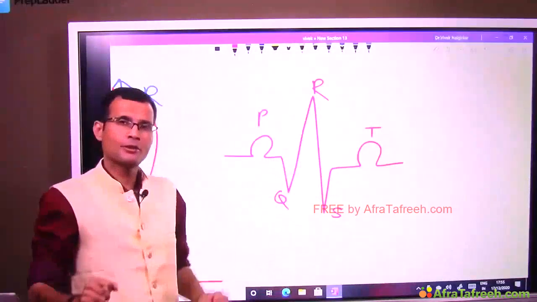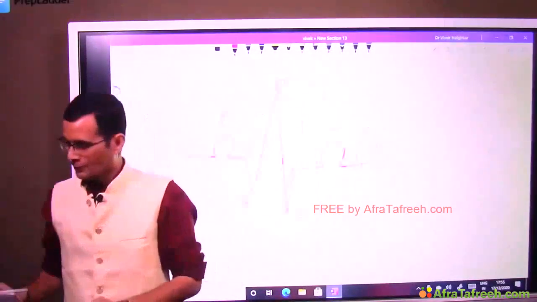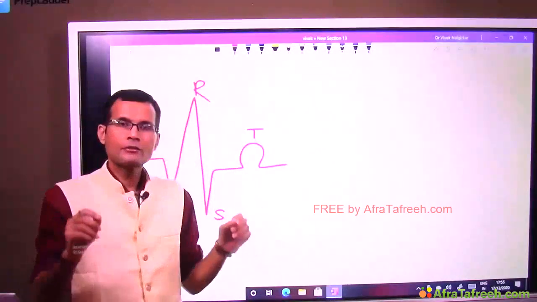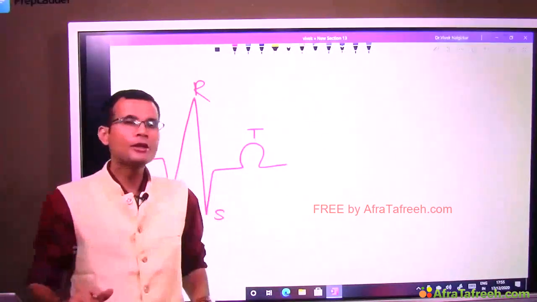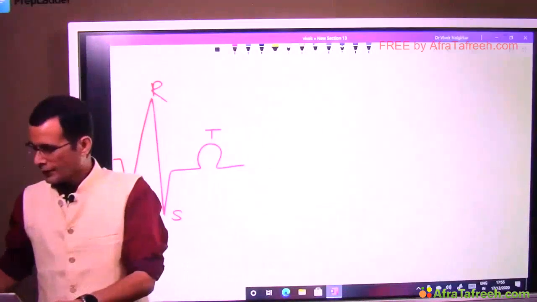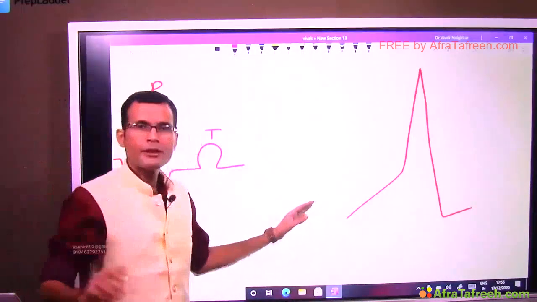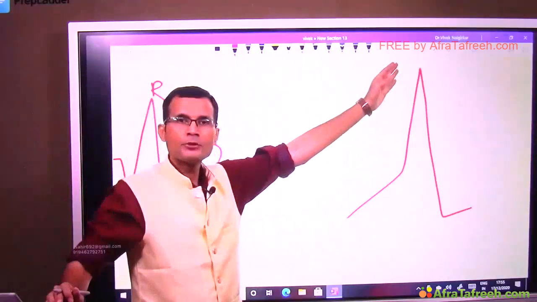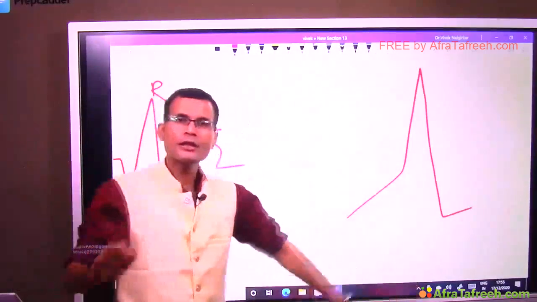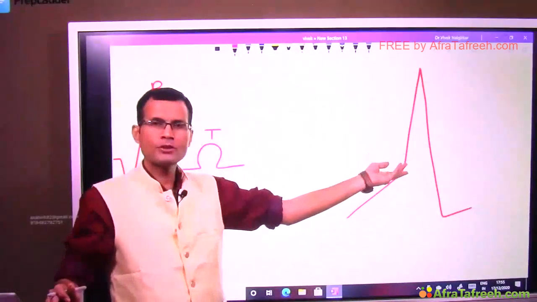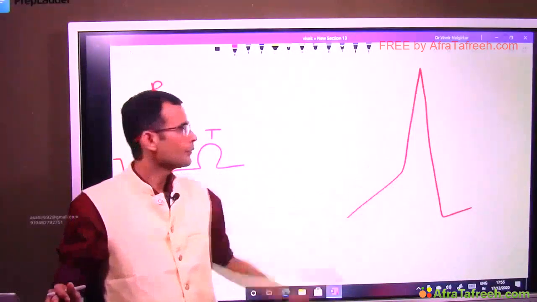How is that possible? Look, when we record an action potential from one point of the nerve, the graph appears something like this. So if the depolarization is upstroke, repolarization is downstroke, isn't it? Yeah, that's the action potential from one point of the nerve.